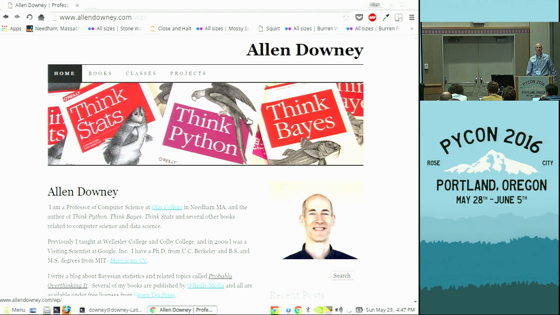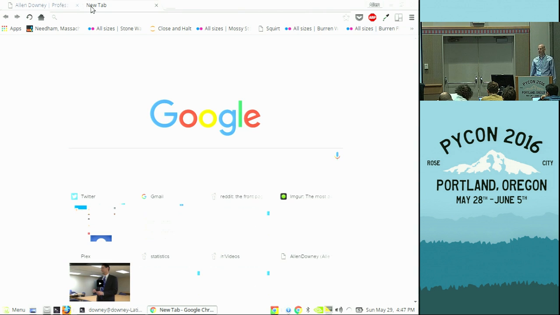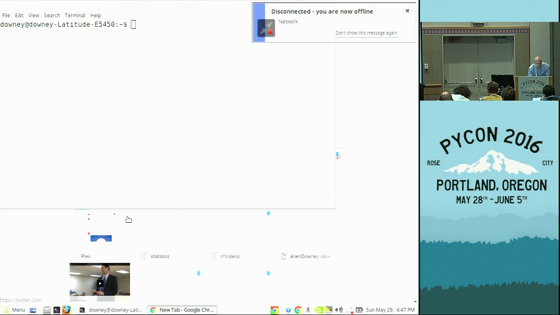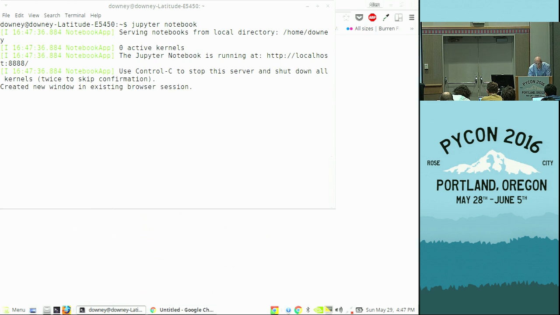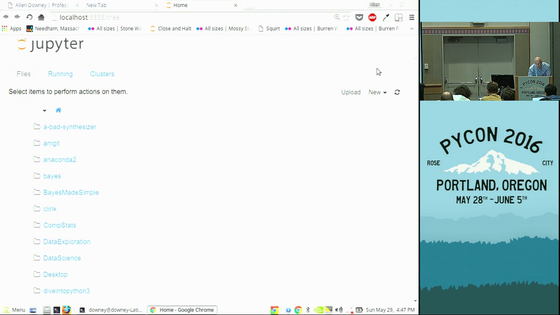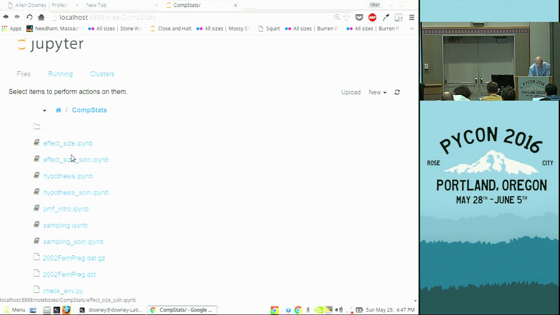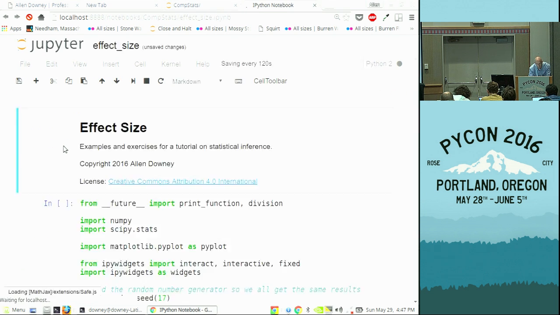If you have not launched Jupyter before, I'll just give you a quick demo up here. What I like to do is make sure that I've always opened a new tab, because when I launch the server, it will grab the last window that I used and give me this. And I want comp stats and effect size.